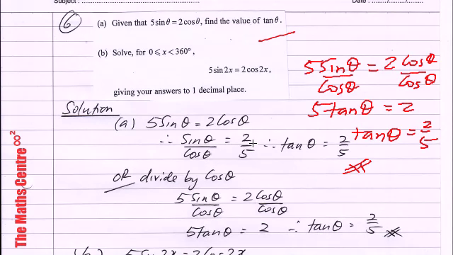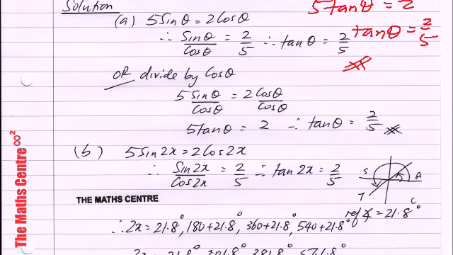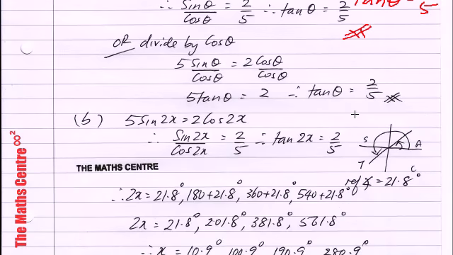Now in part B, we are asked to solve for x. 5 sine 2x equals 2 cos 2x. So using the idea from part A, straight away we can write tangent 2x equals 2 over 5.